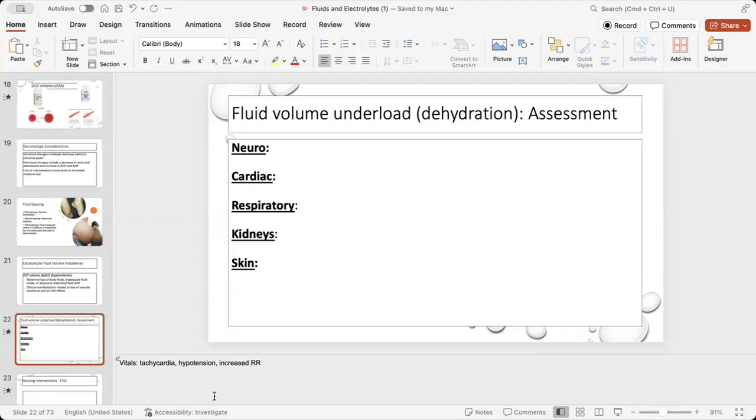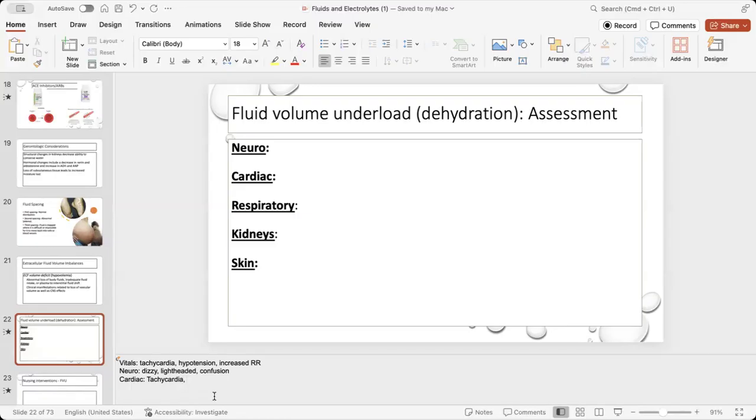Okay. What would you feel like neurologically if you lost a lot of blood and a lot of fluid? Dizzy, right? Lightheadedness, absolutely. Confusion. Cardiac, okay? Our heart rate is going up, defined as tachycardia. If I have less blood volume, I'm feeling my pulses.